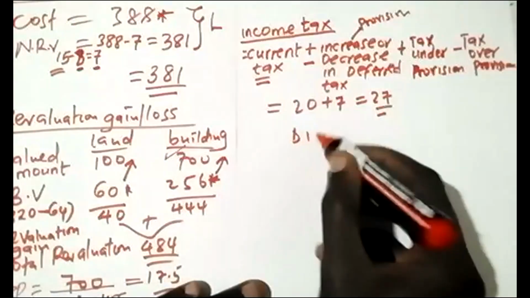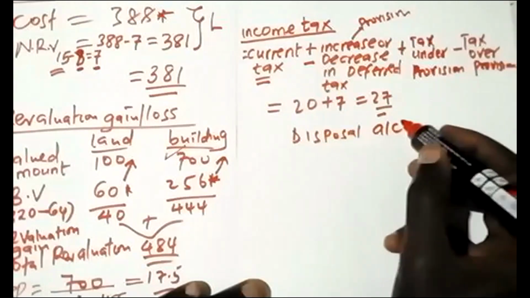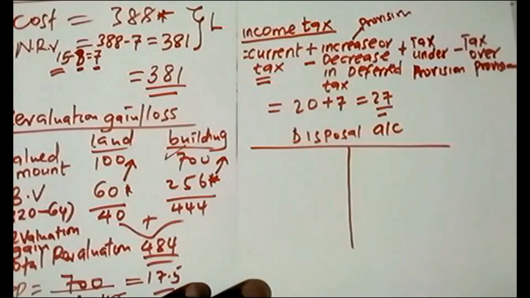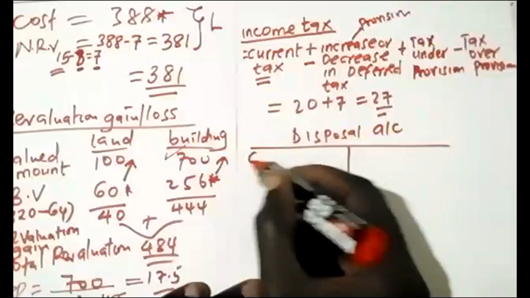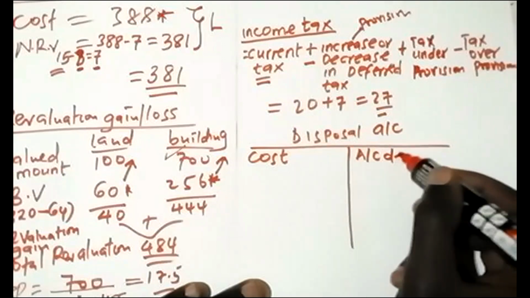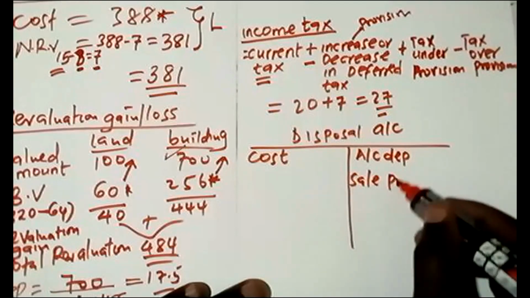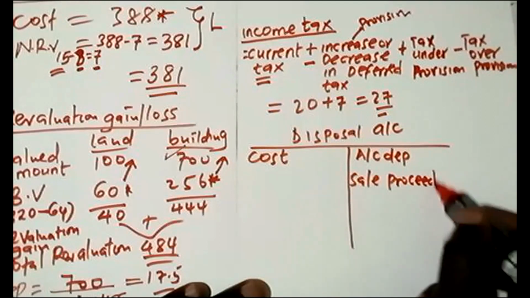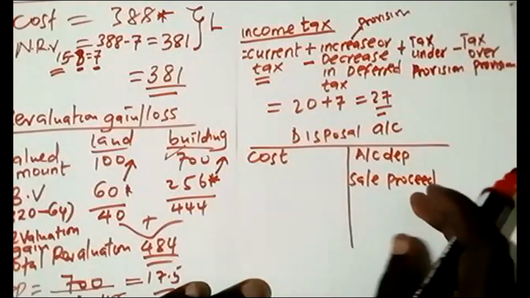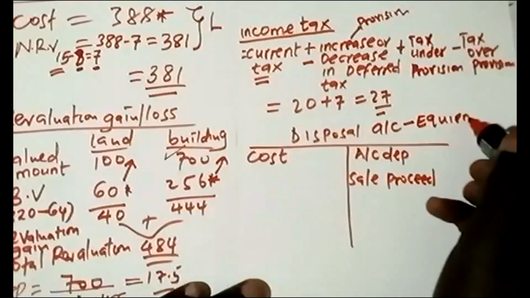So the next thing you have to do is the disposal account, and this one will concern the equipment which was sold. Remember, you have cost, you credit accumulated depreciation, then sales proceeds. That is how you prepare the disposal account. This is the standard way: cost, accumulated depreciation, sales proceeds of that asset which was sold, the equipment.